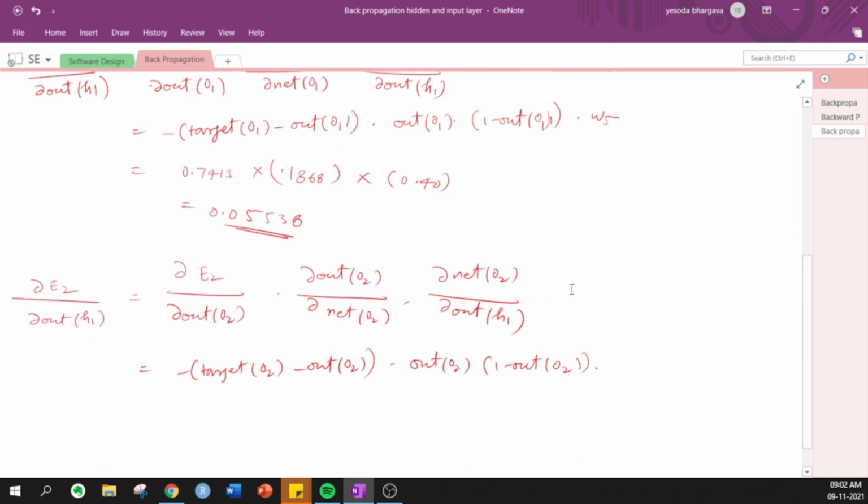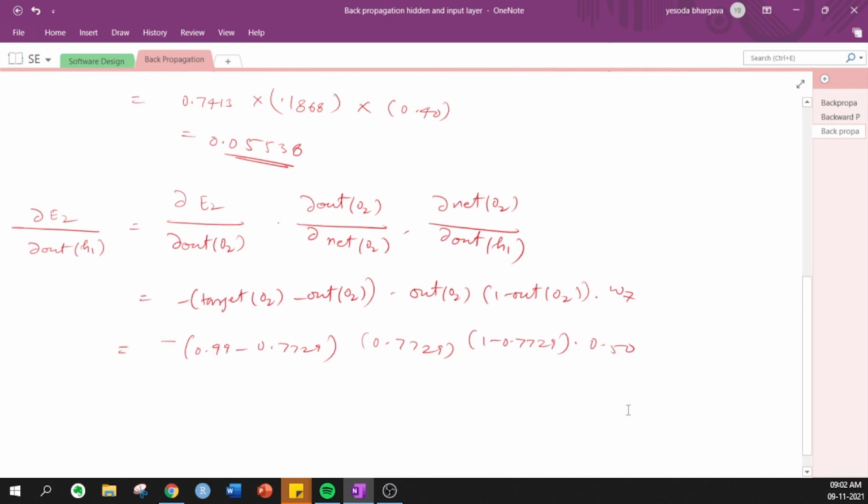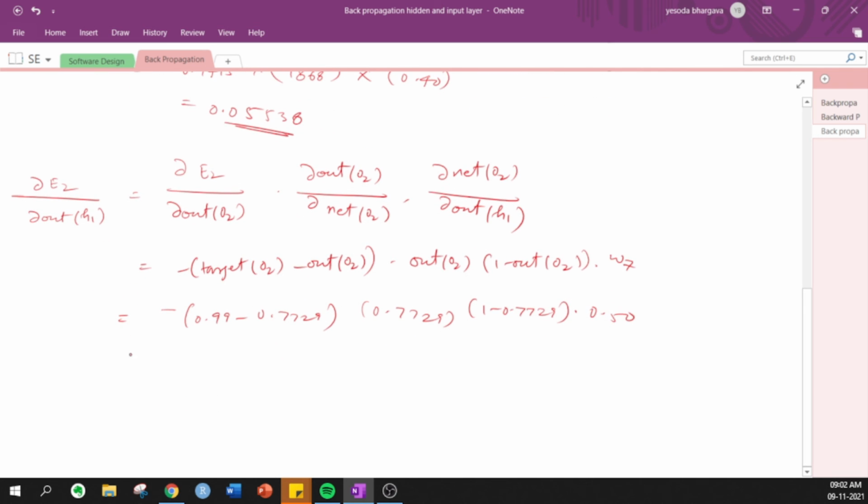So when we compute this, it will be minus of 0.99 minus 0.7729, then 0.7729 multiplied by W7. When you actually compute it, this value comes out to minus 0.01905.